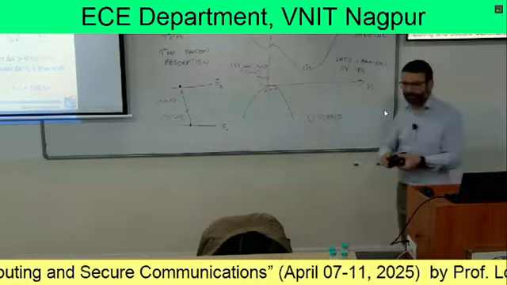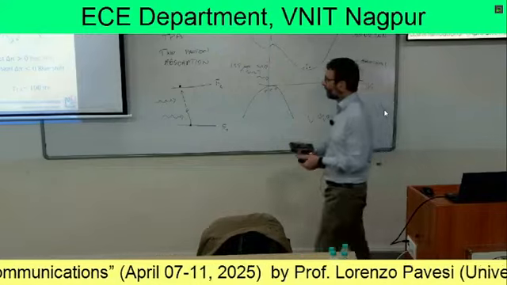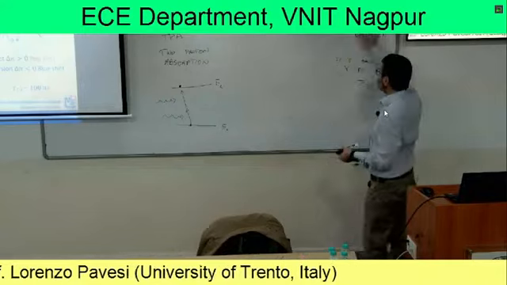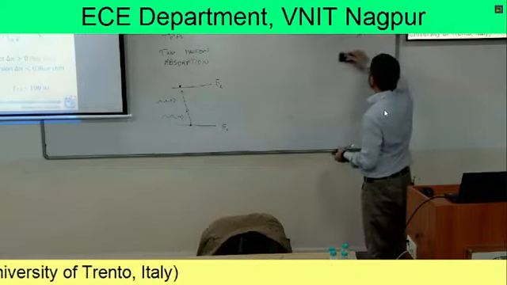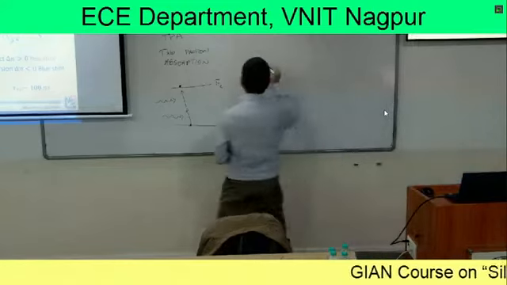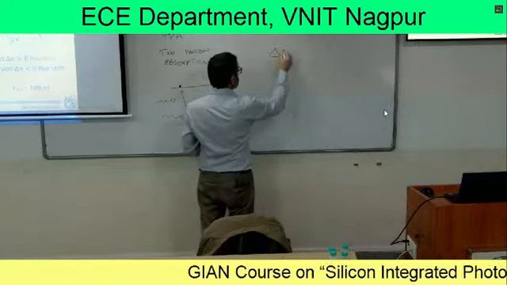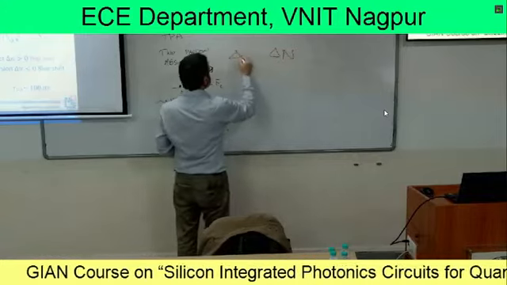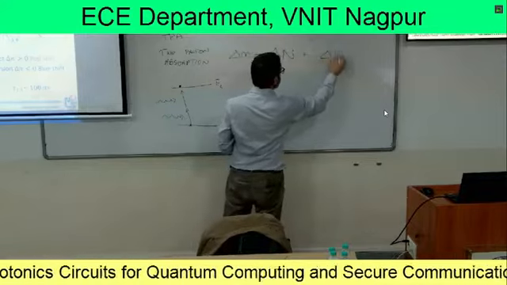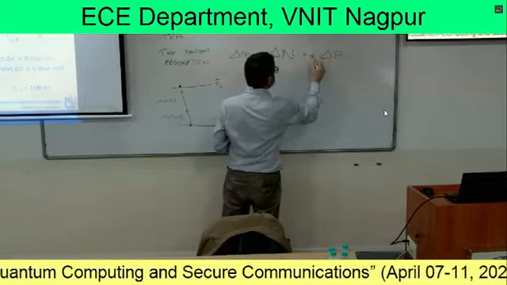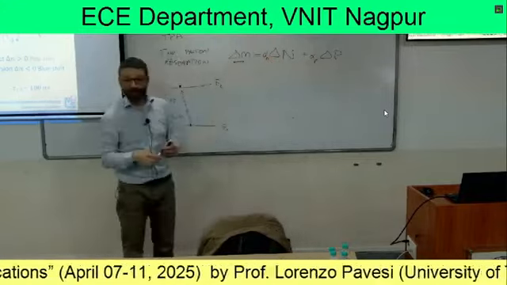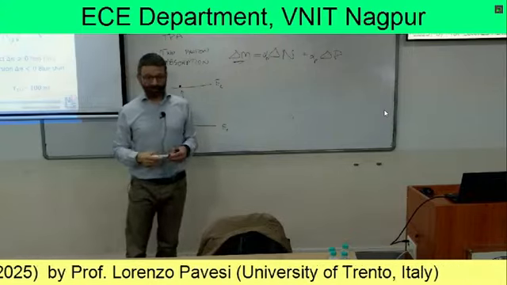Yesterday, I showed you that if we have free carriers, we can use them to change the refractive index, through the Soref relationship. So if we generate free carriers, we have a change in the refractive index. What does it mean?